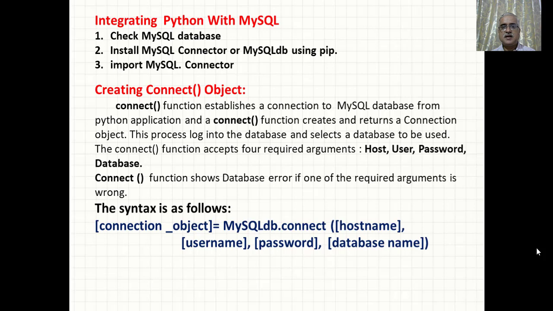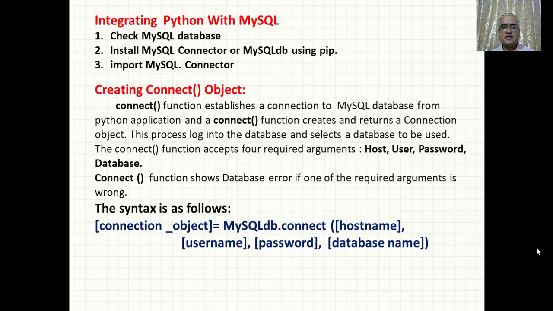The connect function establishes connection to the MySQL database from the Python application, and this connect function accepts 4 arguments: host, user, password and database. Host is the location of the database server. User is the user name, password is the password of the user, and next is the name of the database.